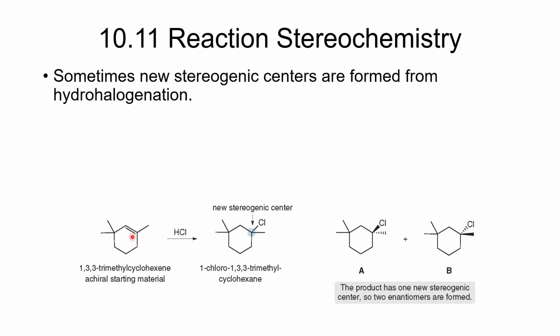Here we've got this trimethyl cyclohexene, and here's carbon 1, 2, and 3. When we do addition, the hydrogen goes to carbon 2 because it is the less substituted. We'll form a tertiary carbocation there, and then the chloride will come in and react with that, and we will end up with this new carbon, which is a stereogenic center. It has 4 things attached to it.